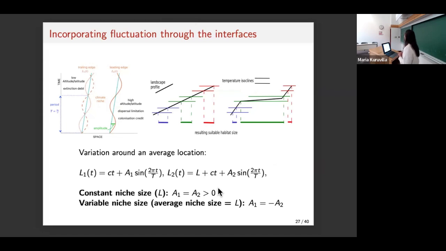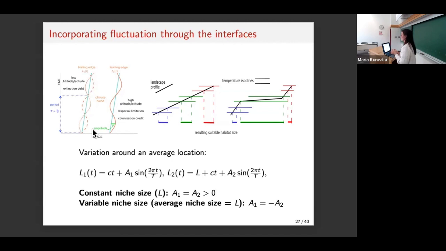All right, so now we can do another application. So incorporating fluctuation through the interfaces is what I'm going to look at here. So here we have L1 and L2 being those average speeds, right? If they were able to CT and alpha CT, and oscillations around that.